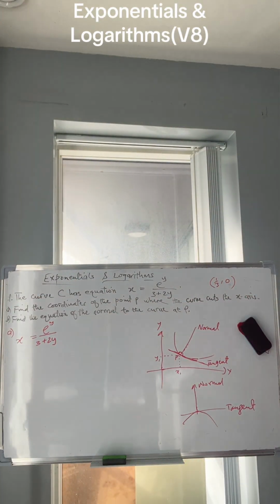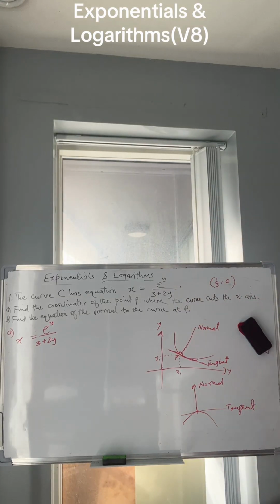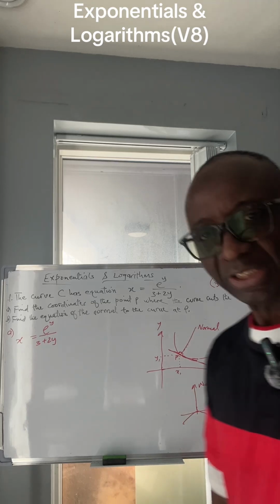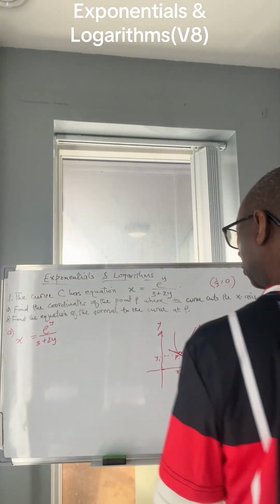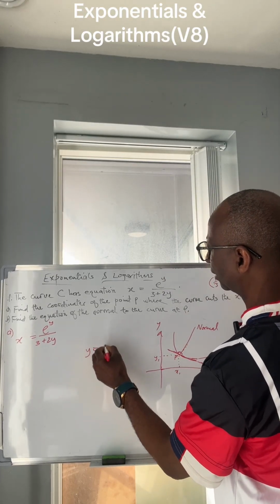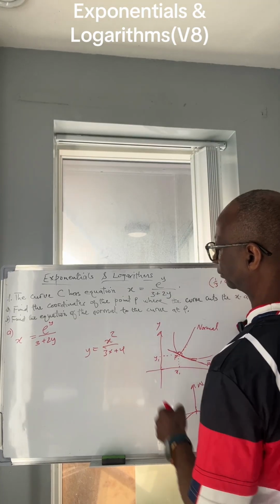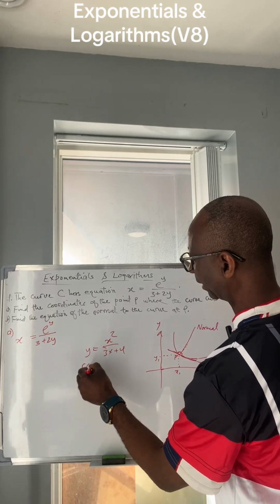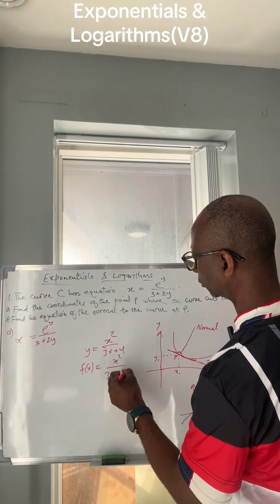Now let's see. We all know that to find the gradient of a function, you differentiate that function with respect to x. And how do those functions normally look? You can have y equals x squared all over 3x plus 4, or f of x equals x squared all over 3x plus 4, for example.